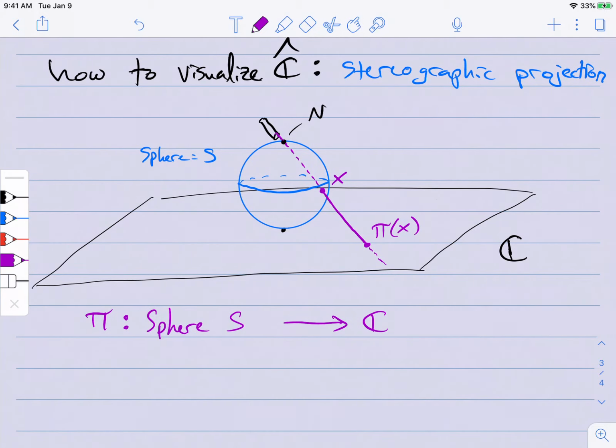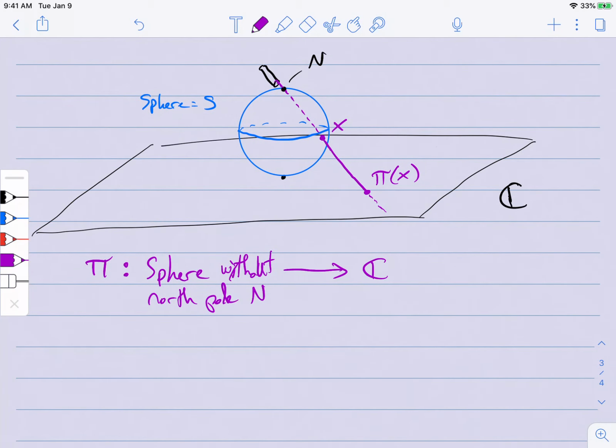So really it sends not the whole sphere, but just the sphere without the North Pole. So if I remove the North Pole from the sphere, then I have a well-defined map, which I'm calling pi, which goes from the sphere without the North Pole to C. And this is a bijection.